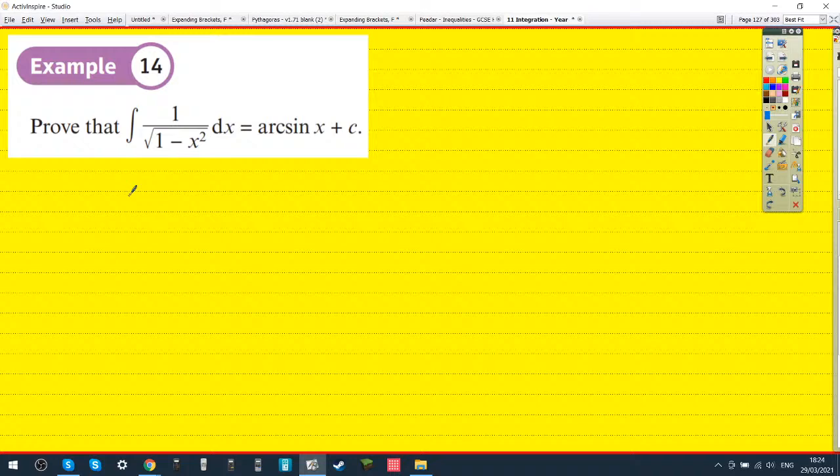So where is this arc sine x coming from? Let me try something crazy here. Maybe this is very wrong. Sure it is. Let x be, I don't know, equal to cos u.